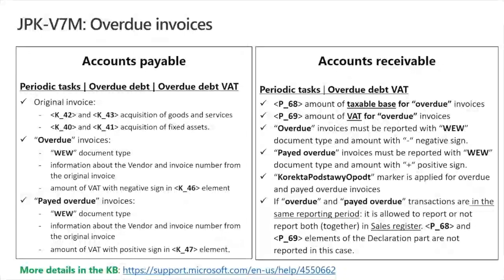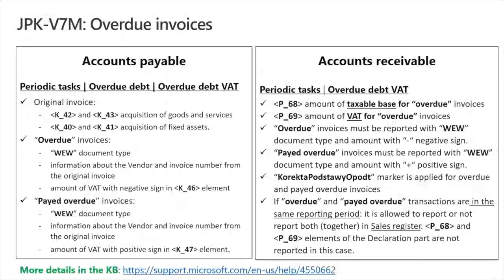And obviously both invoices in this case, I mean overdue and paid overdue, will be marked as internal documents in the document type field of the invoice. On the accounts receivable side, we implemented a specifically new algorithm which covers the requirement to mark the correct overdue marker for overdue and paid overdue invoices together with internal document type.